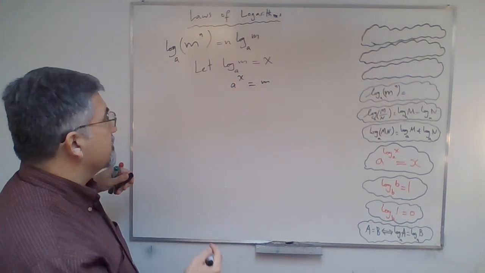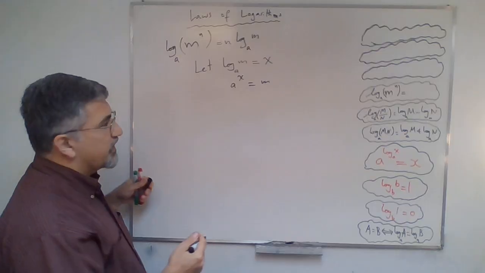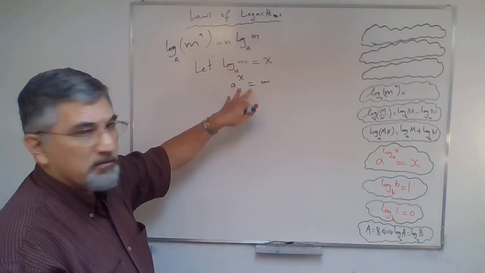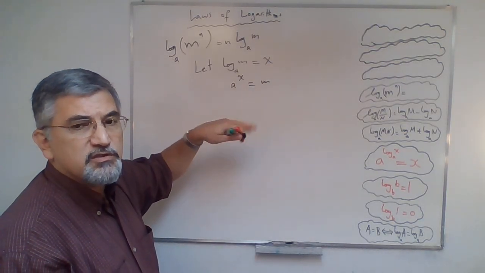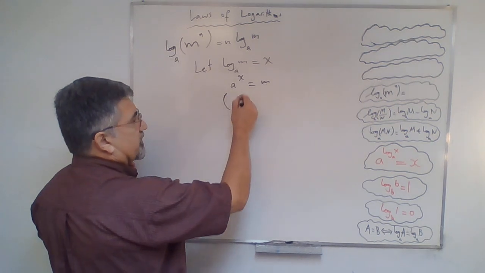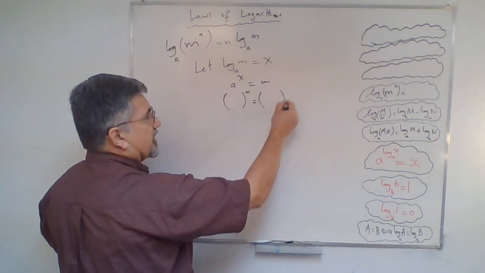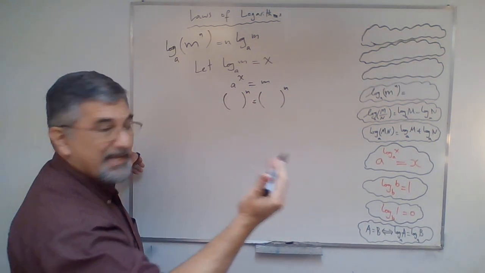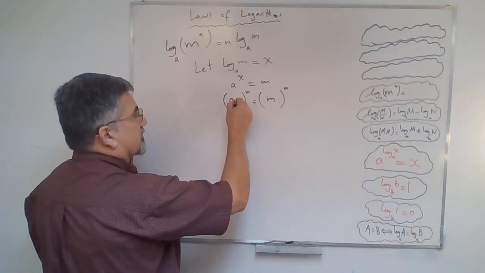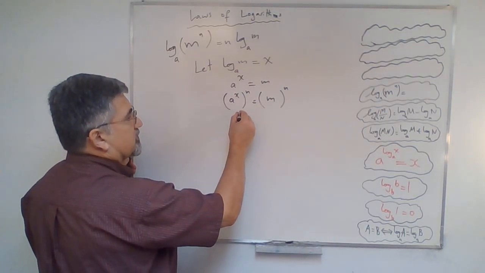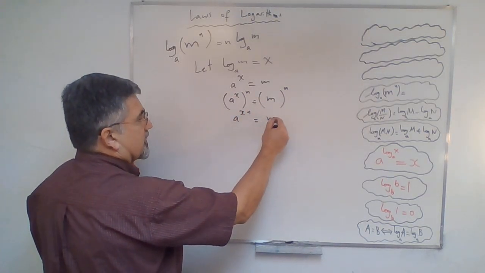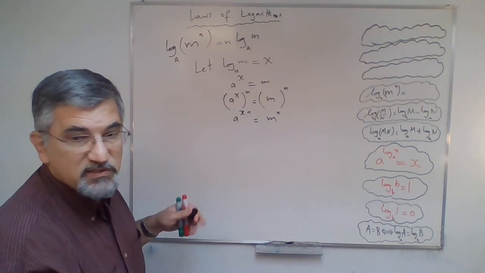All right? Then we are going to raise both sides of this equation to the exponent of n. So we're going to raise the left side to the exponent of n and the right side to the exponent of n. So we have m here, a to the x. So we end up with a to the exponent of xn equals m to the exponent of n, basically.